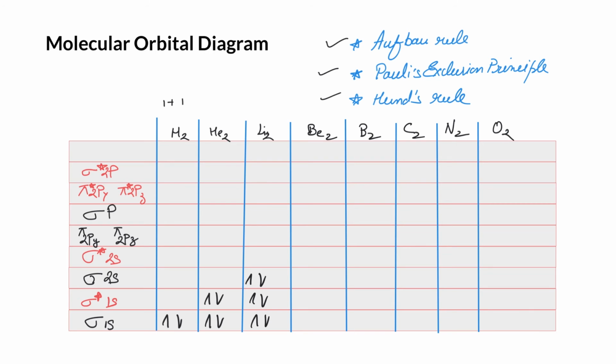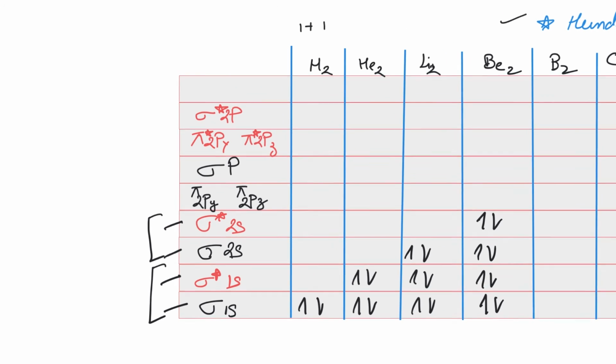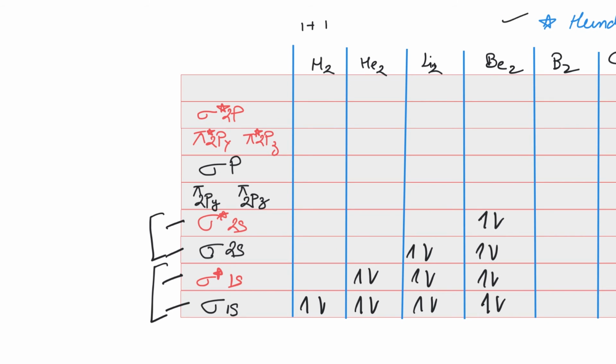Now, if you're wondering that this is just a filling exercise, things would start to make difference very soon. So beryllium 4 plus 4. So I'm going to simply pull here. So sigma, sigma star, sigma, sigma star. So first 1s, 1s, then 2s. Now things become a little more difficult when p comes in. Now I hope you remember we just talked about that the p orbital will have three orientations.